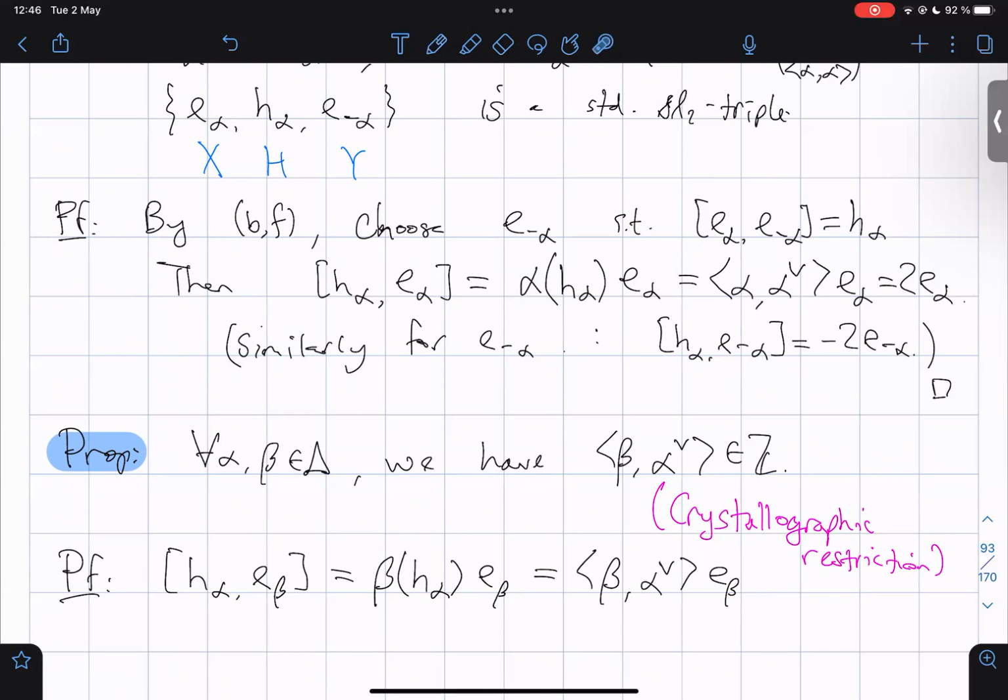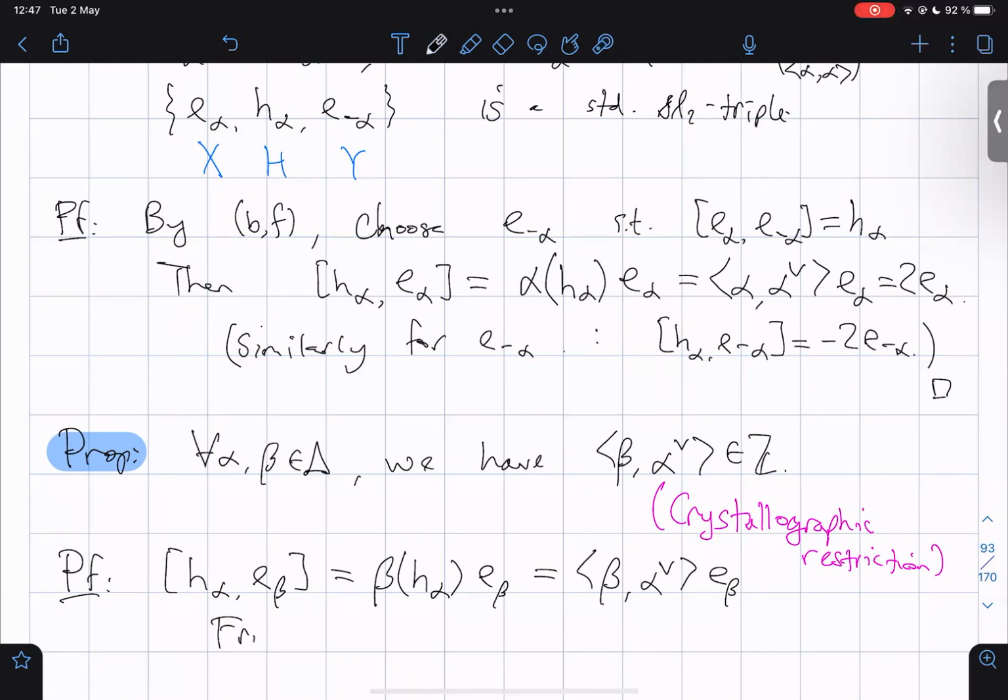So this is an H, one of these H's in the SL2 theory, acting on a root vector. We know from SL2 theory that all the eigenvalues are integers, so therefore this has to be an integer.